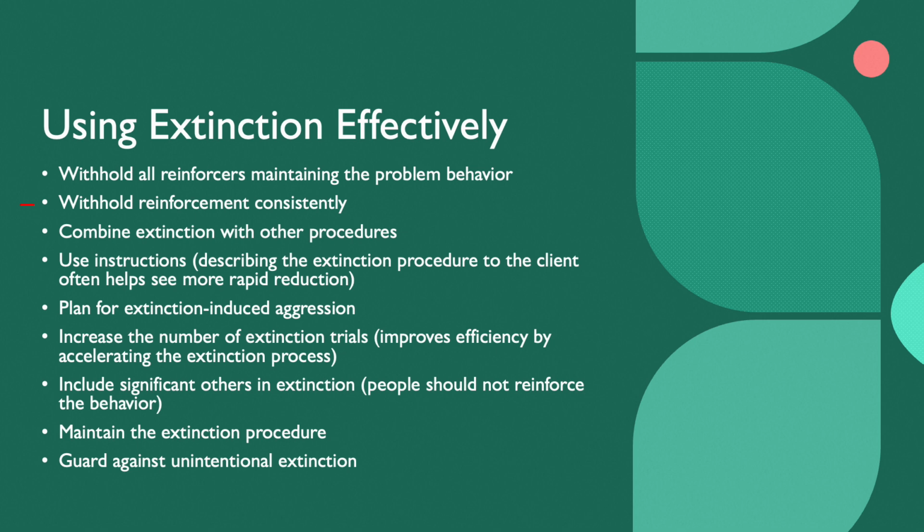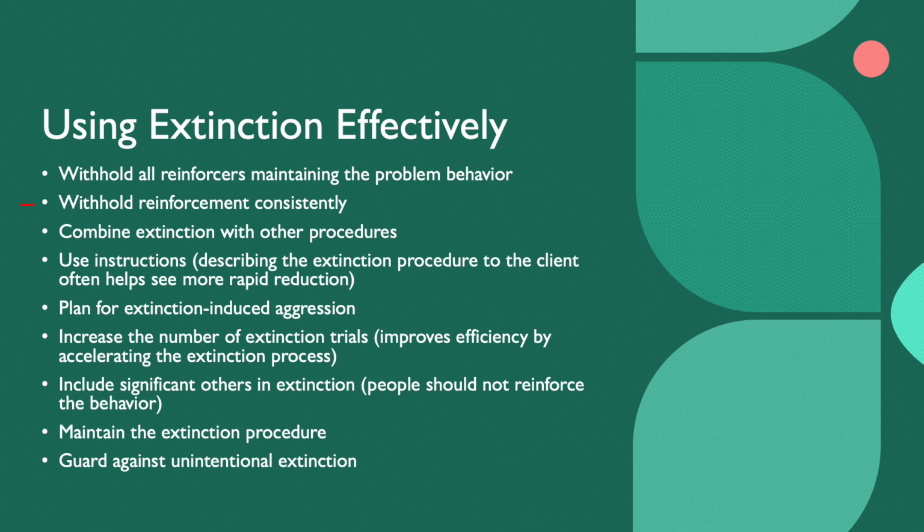That also drives home the point that you need to make sure you're withholding reinforcement consistently, because the opposite means that you're intermittently reinforcing the behavior, and intermittently reinforcing a behavior is going to make that behavior more resistant to extinction. And so obviously we don't want that. So just make sure that you are being consistent and that people in the environment are being consistent with the implementation of extinction.